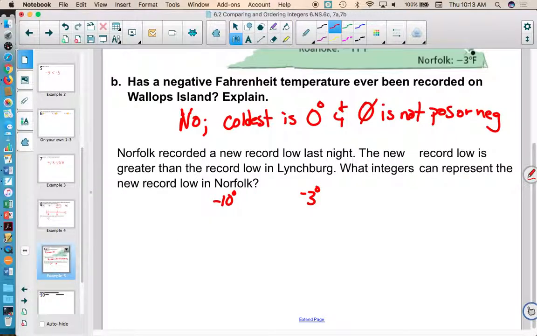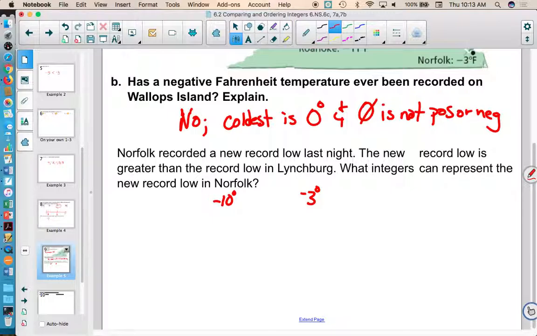Okay, now, what integers can represent the new record if the new record is greater than Lynchburg? So what are the integers that could be listed? So what am I actually looking for? If this was the original, I'm looking for the numbers in between -10 and -3. What numbers are in between -10 and -3?